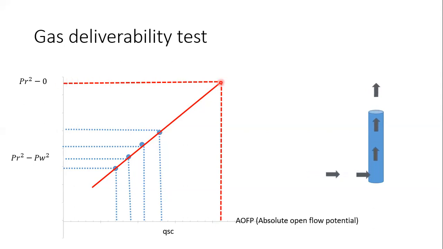Once they intersect somewhere in the graph, from that intersection point you are going to draw a perpendicular line towards the x-axis. The point where it meets the x-axis is the maximum flow rate of that particular well to produce gas. It could be any number of SCF per day.